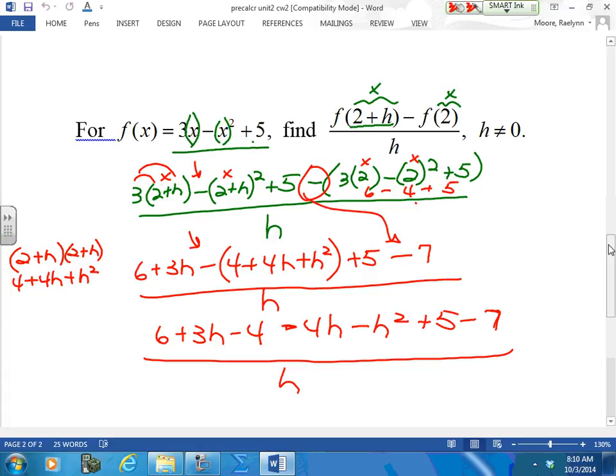Okay, so let's resolve this. 6 minus 4. Okay, wait. 6 minus 4 is what? I just want to go through this and then I'll answer your question. 2. 2 plus 5 is what? 7. 7 minus 7 is 0. If it wasn't, we've got to go back. So if it wasn't, and I left this as a 6, I'm going to go back and find, oh, I made a mistake right here.